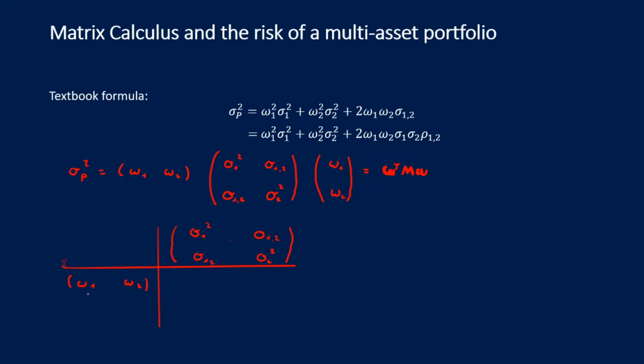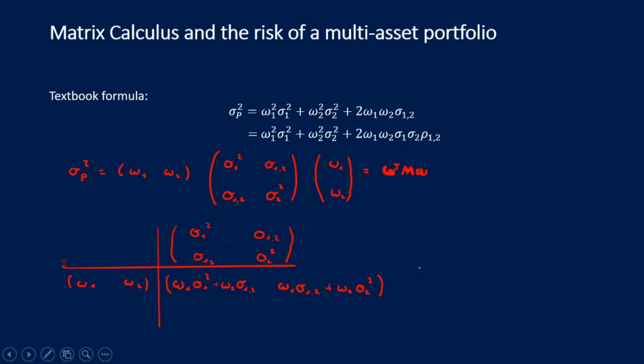Now I have to multiply omega 1, or weight 1, times the variance, plus omega 2 times the covariance. And now the second part, omega 1 times the covariance and omega 2 times the variance. And this is still a vector.